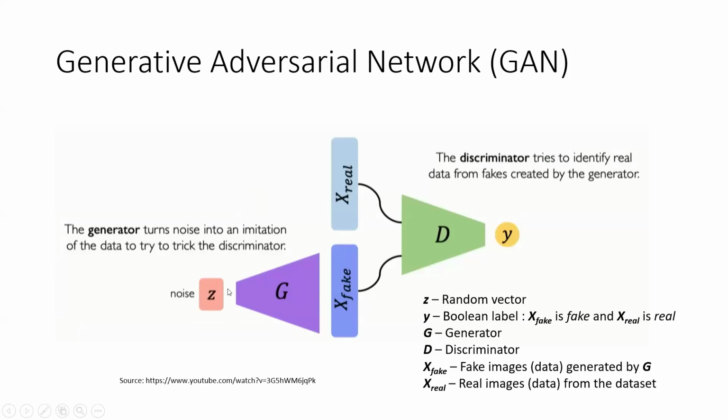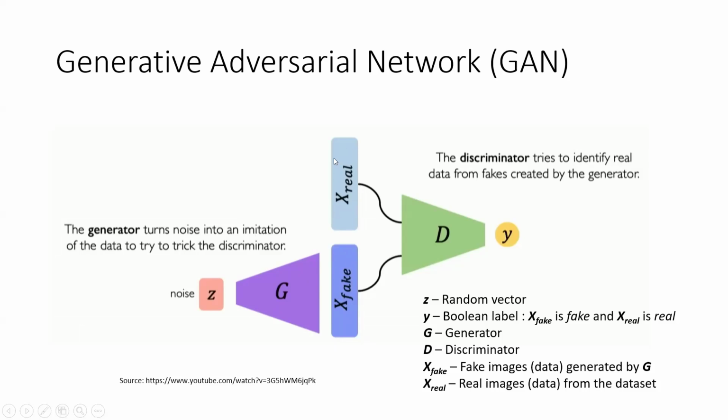So we start with the noise, and there's a generator network which has internally some layers of neural networks which are increasing in size, and it is generating high dimensional x values, which can be represented as x fake.